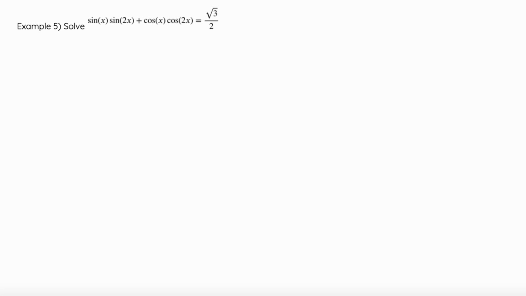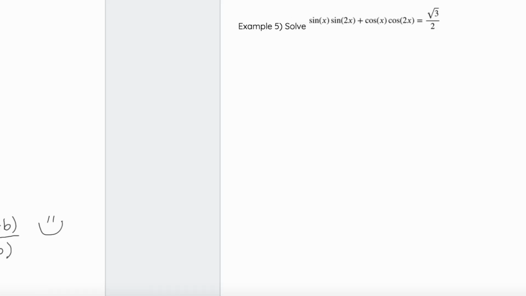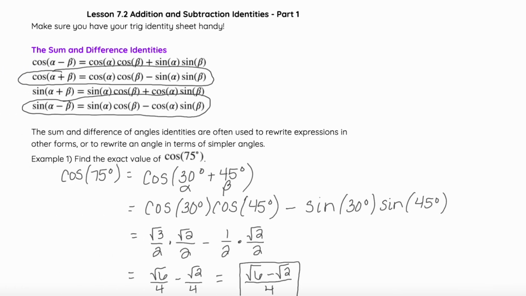Here it's asking us to solve sine of x times sine of 2x plus cosine of x times cosine of 2x. So I have two sines being multiplied added to two cosines being multiplied. So when we go back to our original slide, looking at the opportunities that we might have, we have, of course, two sines being multiplied and then added to two cosines multiplied.